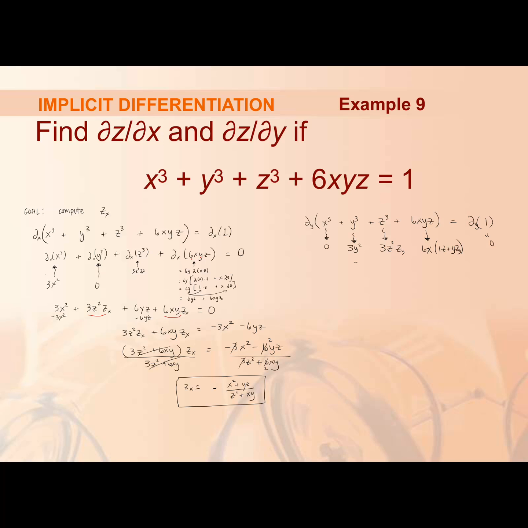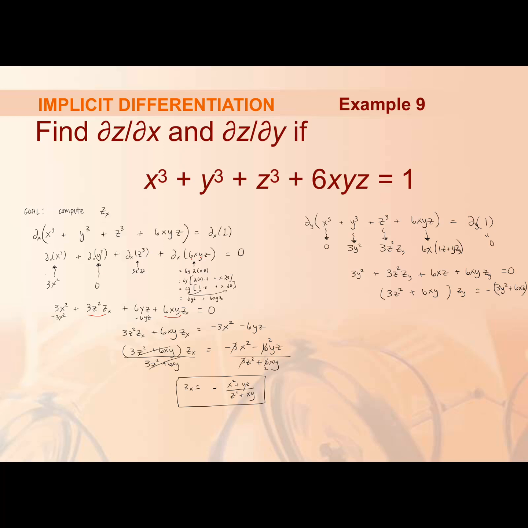So putting it all together, 3y squared plus 3z squared z_y plus 6xz plus 6xy z_y is equal to 0. I'm going to factor out the z_y, and I'll have (3z squared plus 6xy) times z_y on one side, and negative 3y squared minus 6xz on the other.